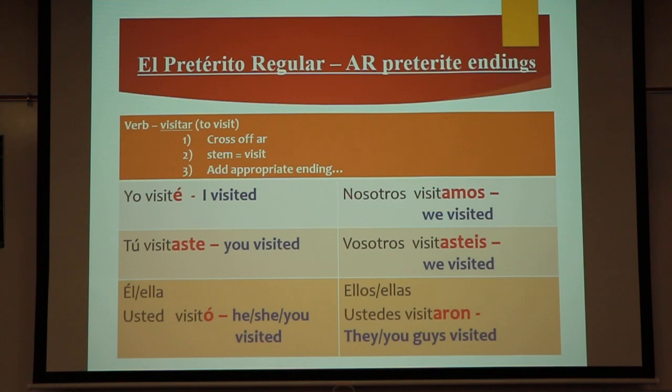First person plural, nosotros. Second person plural, vosotros. And third person plural, ellos, ellas, and ustedes. So we have aste, é, amos, asteis, aron. You have to match it. That turns to yo visité, tú visitaste, él, ella, usted visitó, nosotros visitamos, vosotros visitasteis, ellos, ellas, ustedes visitaron.